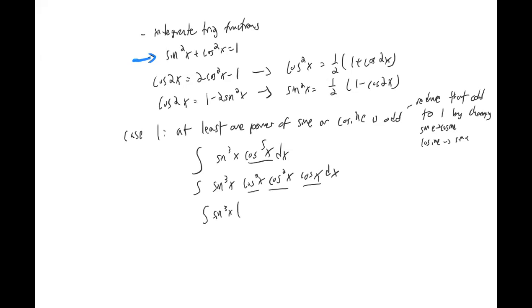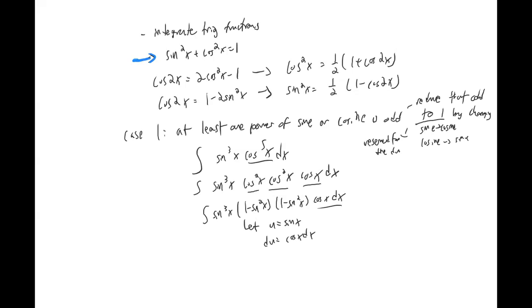If sine squared plus cosine squared is 1, cosine squared is 1 minus sine squared. The reason for this is that this 1 here will be reserved for the du, because the derivative of sine is cosine, and that's du now.